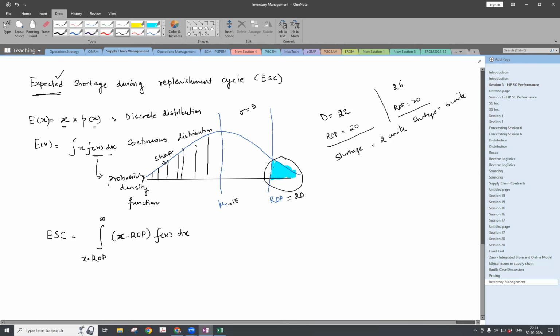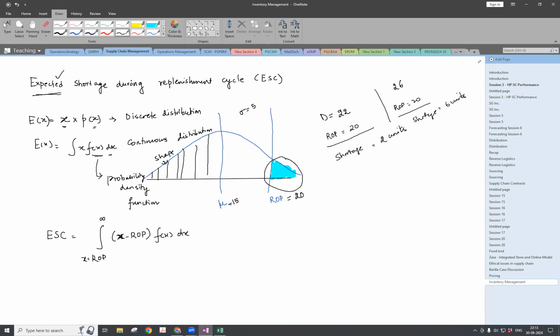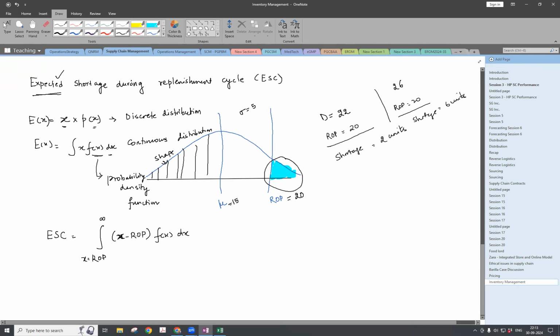But if your demand happens to be 20.5, let's assume that it is not a discrete value, but something like number of liters of petrol or number of kgs of sugar. So if that is 20.5, then you have a shortage of 0.5. Corresponding to that, this f of x, as I mentioned, is giving the height of this particular distribution.